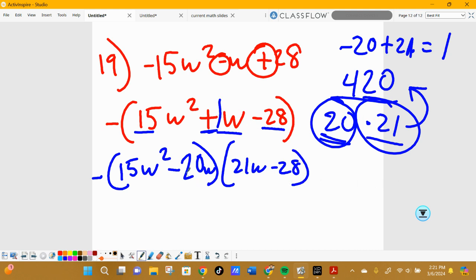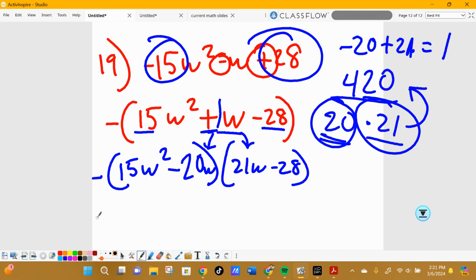Again, I'm just taking negative 20w plus 21w to get back to 1. So these are the two I broke it down into. I'm using 20 and 21 because they multiply to get to 420, and remember, 420 was the result of 15 times 28.